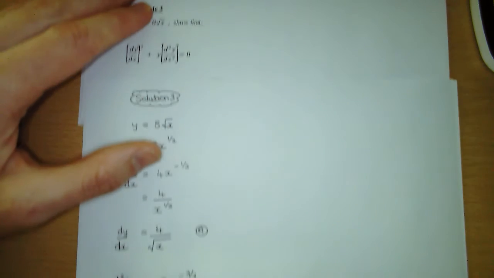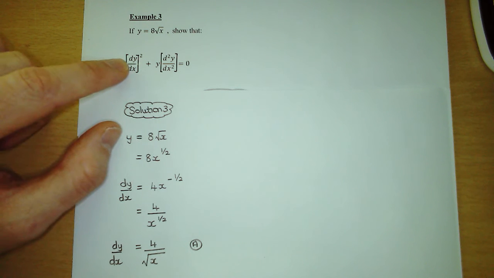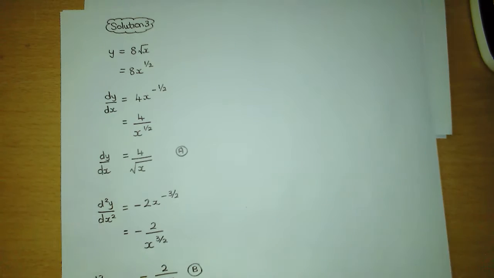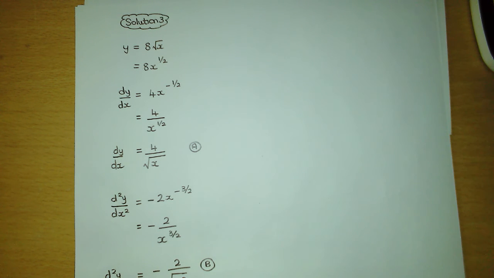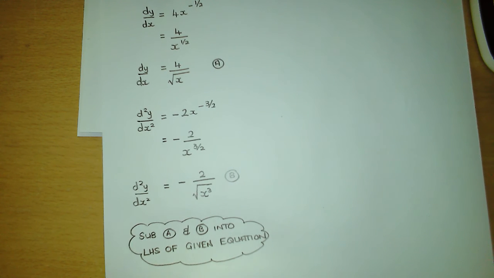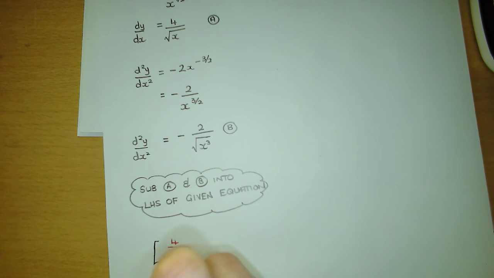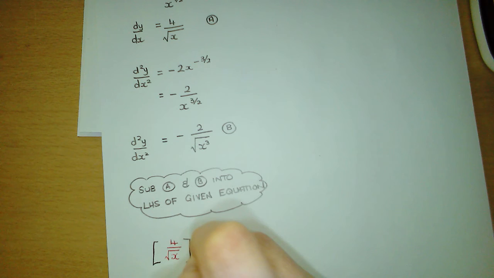If we go back to what we're given, we've got dy/dx all squared. So dy/dx is 4 over root x, so sub it in, we're going to get 4 over the square root of x, and that's all being squared.